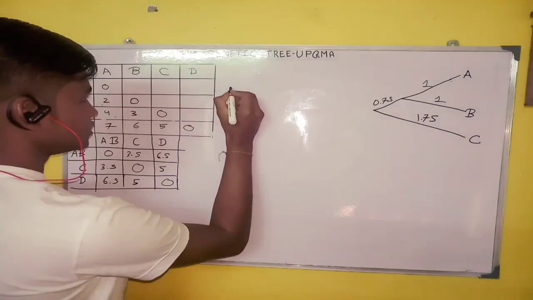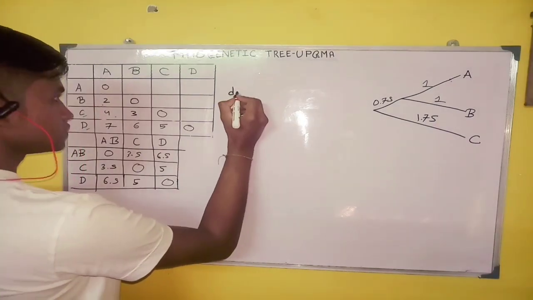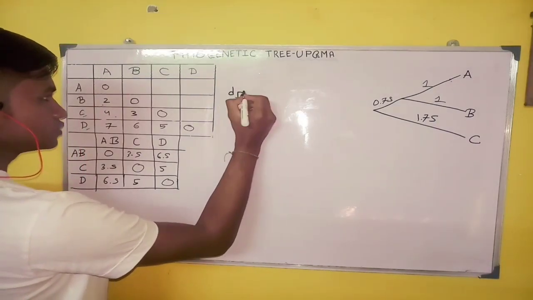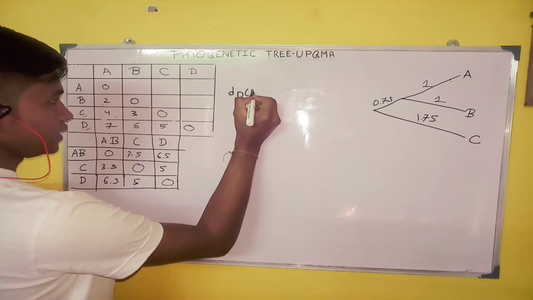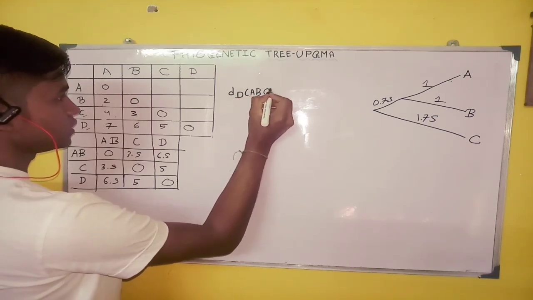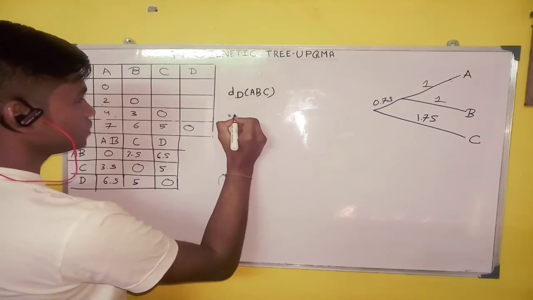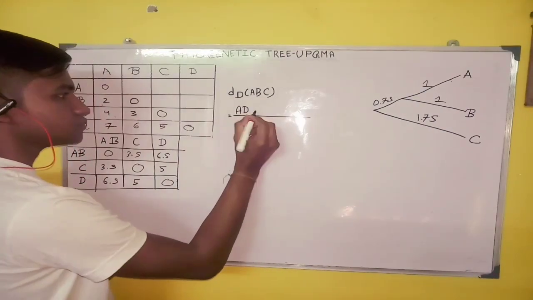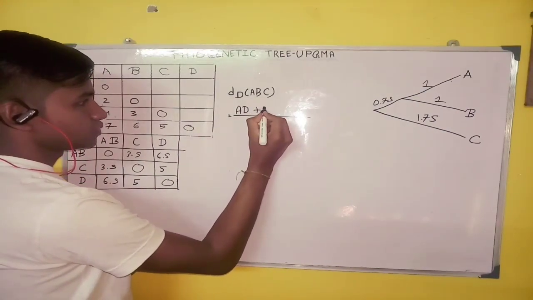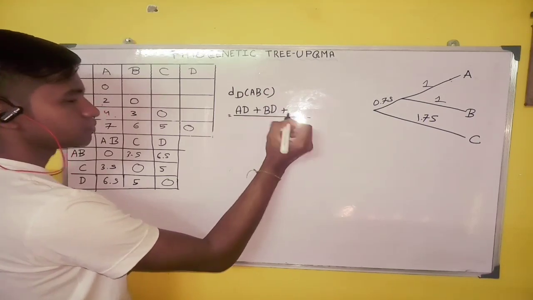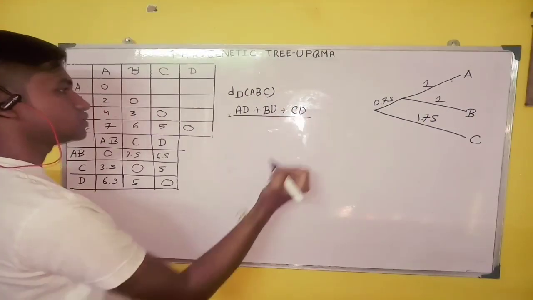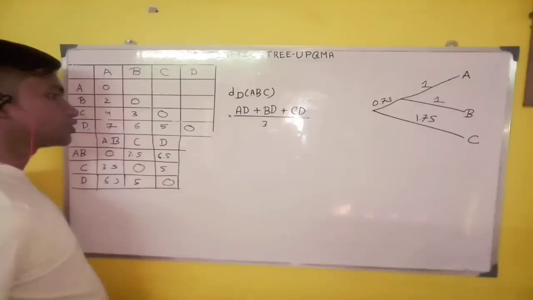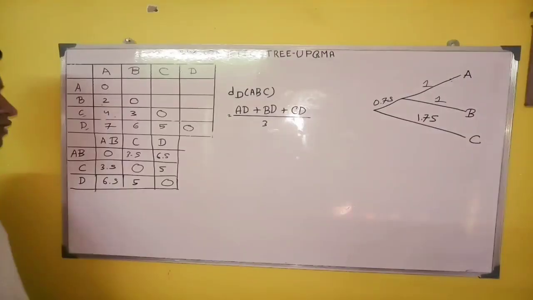The distance of D in respect of A, B and C is AD plus BD plus CD divided by 3, because here are three distances that we have taken.